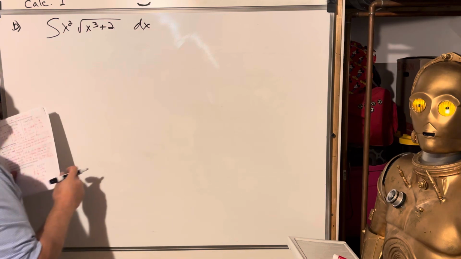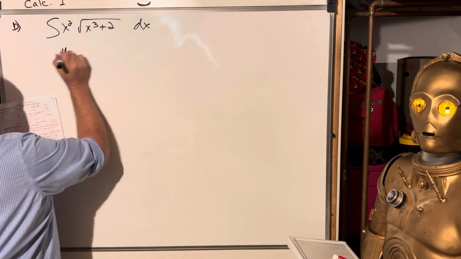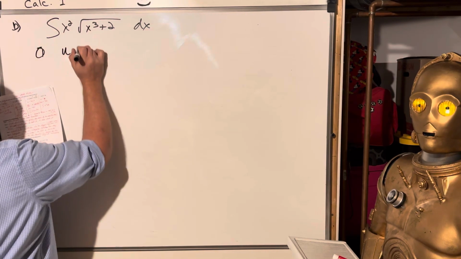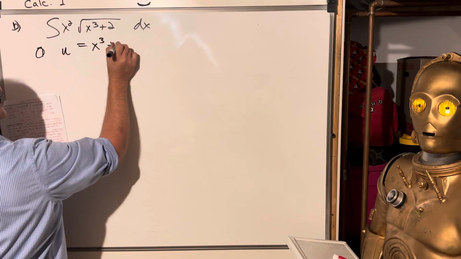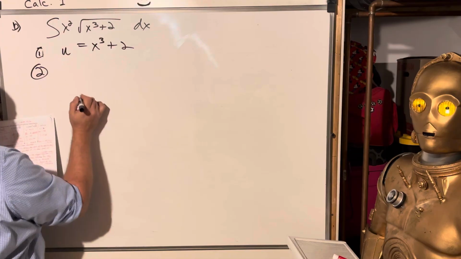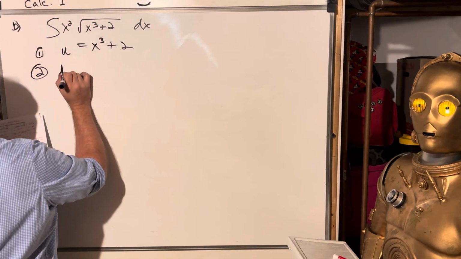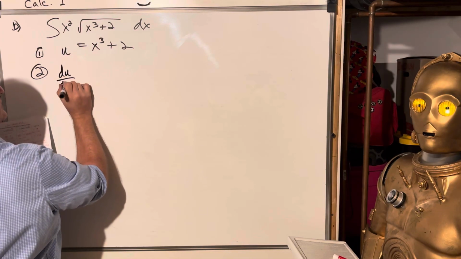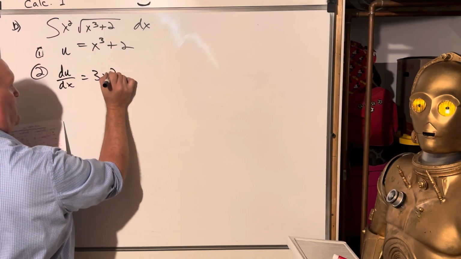Okay. So we're going to say step 1, right? u is equal to x cubed plus 2, the innermost thing. Step 2 is du dx is equal to 3x squared.